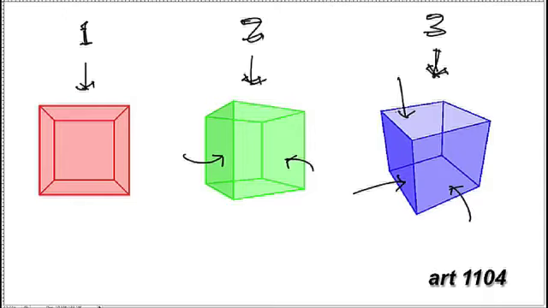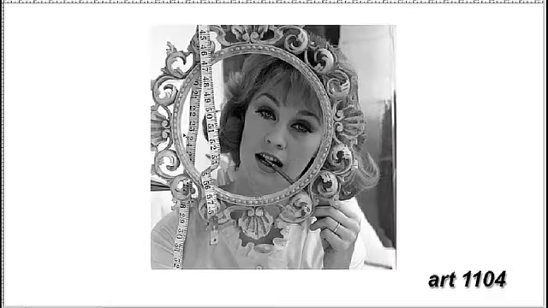So that's the build-up from 1-point to 2-point, and then now 3-point perspective. It's essentially the change in the position of the viewer and picture plane to the three-dimensional scene.